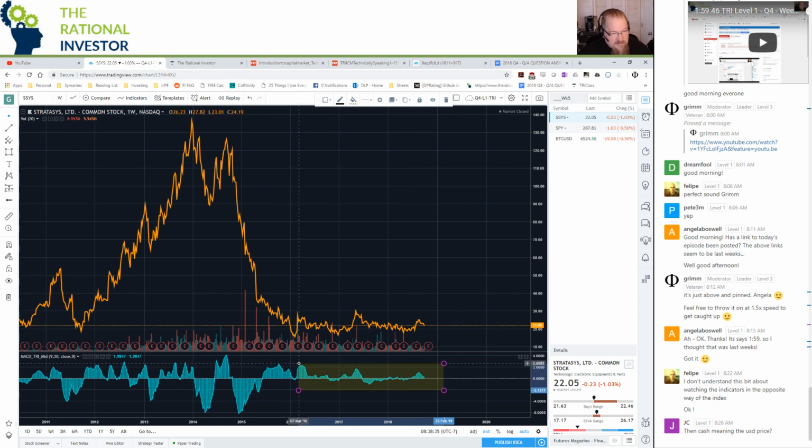What I would like to see, because we started this consolidation here, is I would like to see a break above this level, right? Because we're up to here, and then we came down to here, up to here. That's a lower low, so I don't really want to count that. So really, it's this high down to this low, right? Then this high, this low.